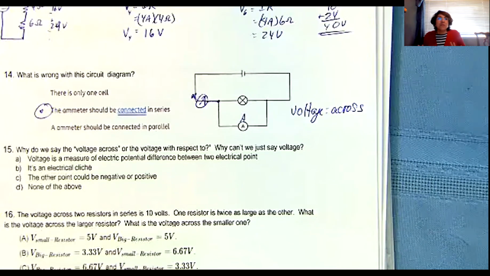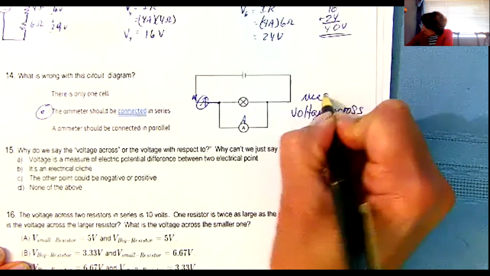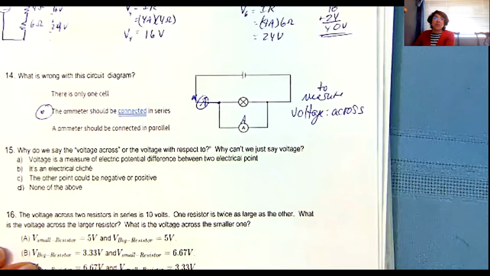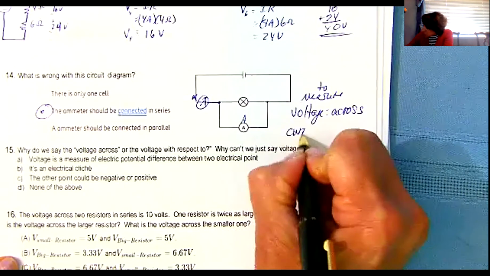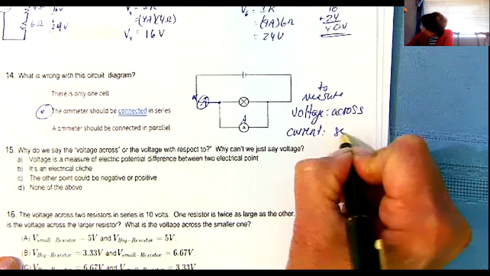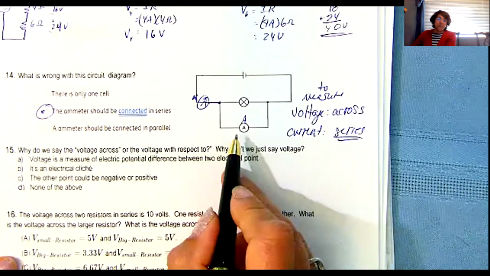So this is a way to learn that to measure voltage, yes, it's across, it's fine in parallel. But to measure current, you have to be in series. This configuration is in parallel.